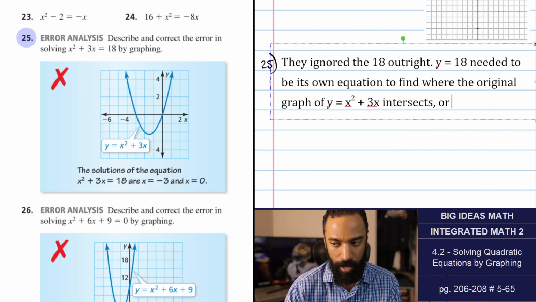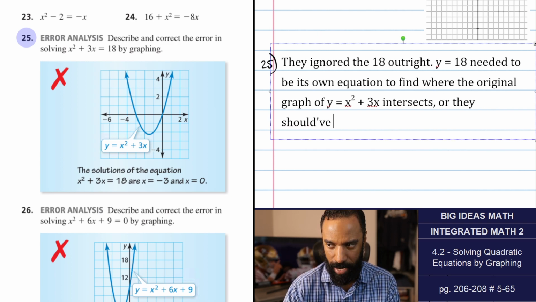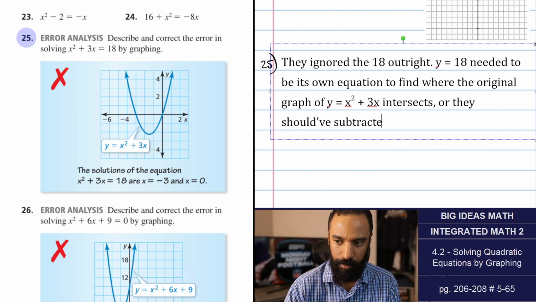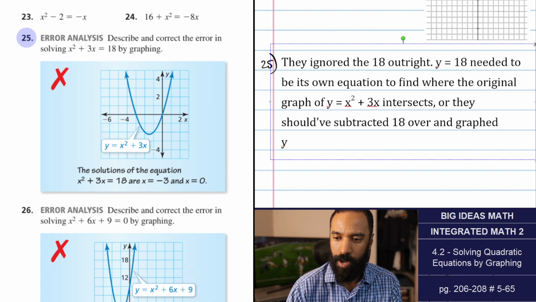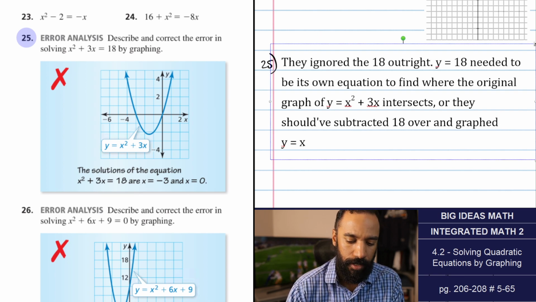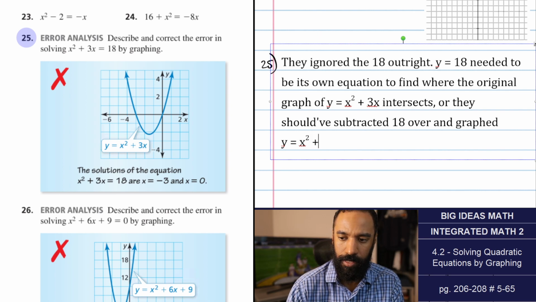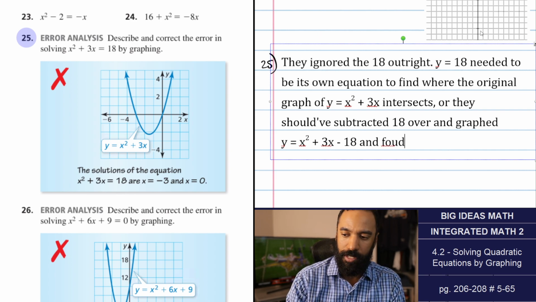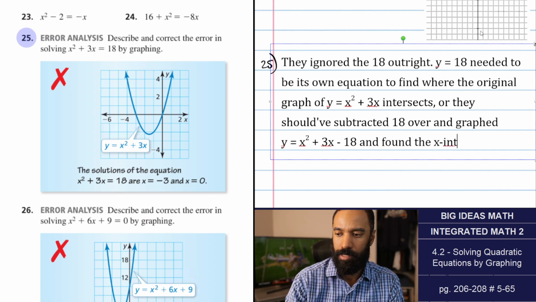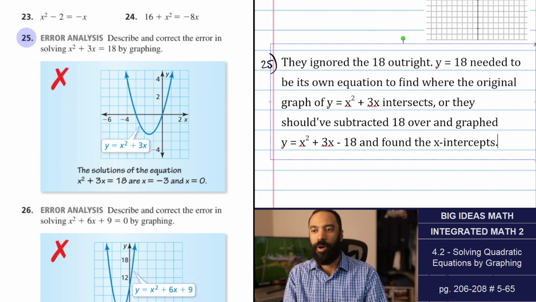Or, and the way I'm going to do it, they should have subtracted 18 over and graphed y equals x squared plus 3x plus minus 18, and found the x-intercepts. Okay, so that's what we're going to do.